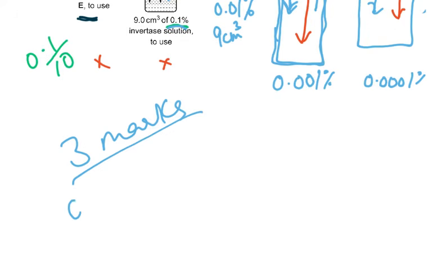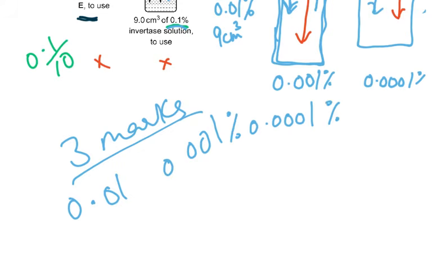So if you had given me 0.01, 0.001, and then 0.0001, and you had given me the percentage, well, you got 1 mark.